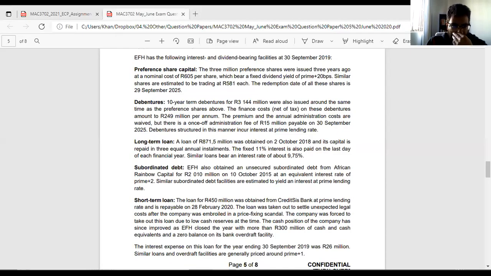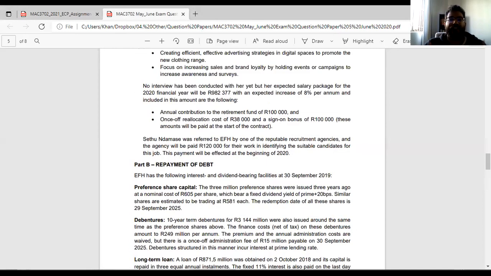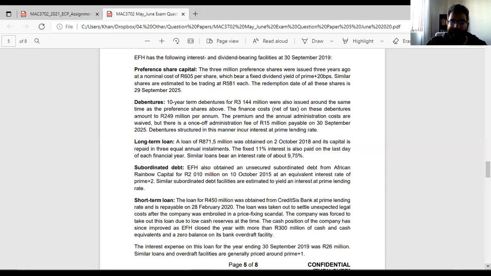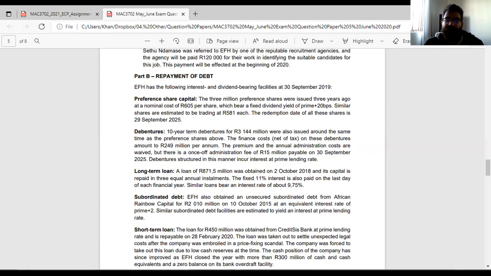They should see the scenario. I'm going to read part B. I'm taking it you have an idea of what part A is all about in the scenario. So let's do part B. Part B is the repayment of debt, and this is going to cover required B, which is the weighted average cost of capital.